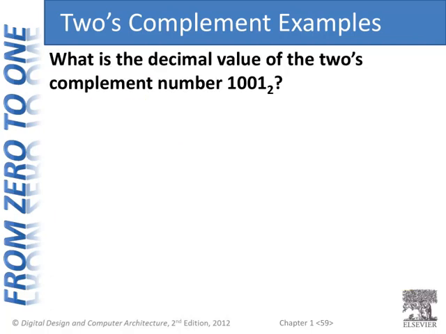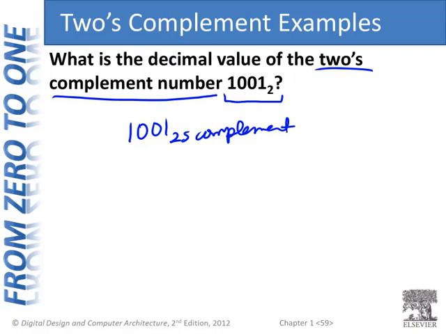We can also use 2's complement to figure out what the decimal value of a 2's complement number is. So if we have this 2's complement number, 1001, we could do the thing where we say 1 plus, well, no 2, no 4, and a minus 8.